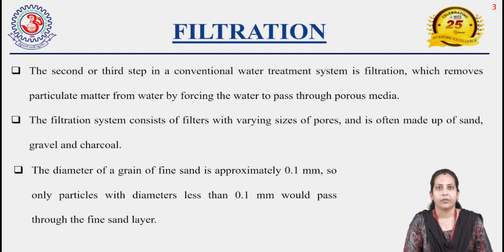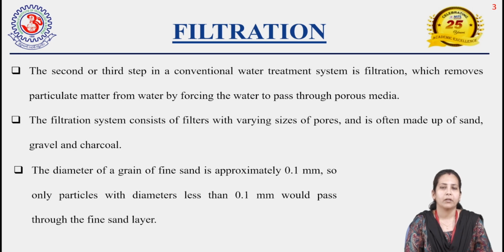What is the filtration process, basically? This is the second or third step, you can say. It's a conventional water treatment system which removes particulate matter by forcing the water to pass through porous media. These porous media are the filter media, and the filtration system consists of filter media like sand, gravel, and charcoal, with various sizes of pores.